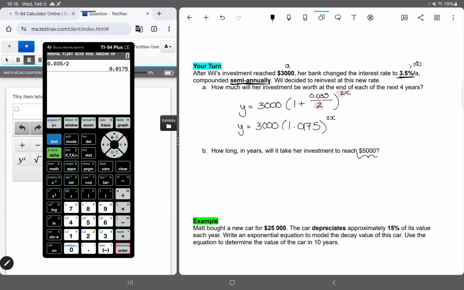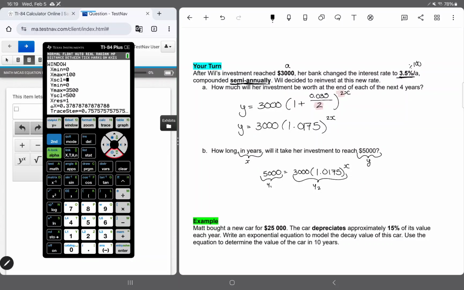So we want to reach $5,000. This is our new future value. And I'm looking for my time. So 5,000 equals 3,000 times 1.0175 to the power of x. Again, we are going to y1, y2, and find that intersection.